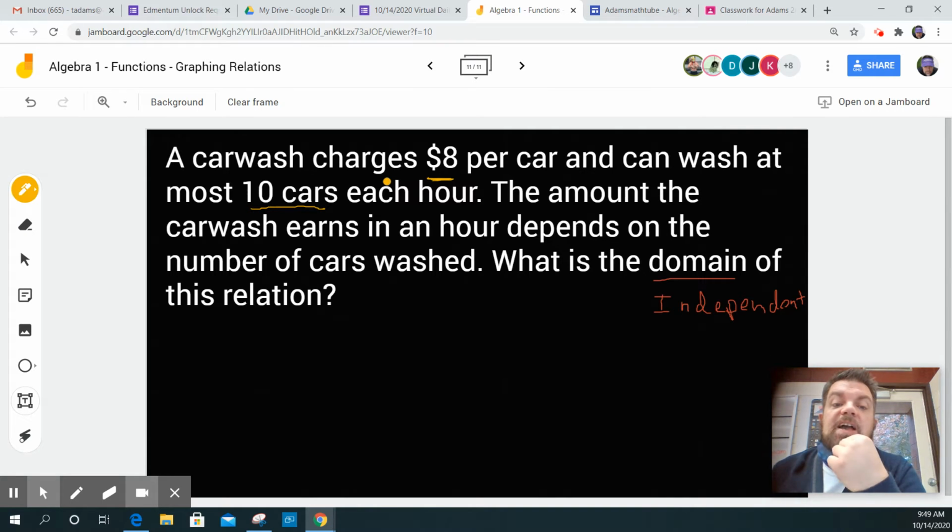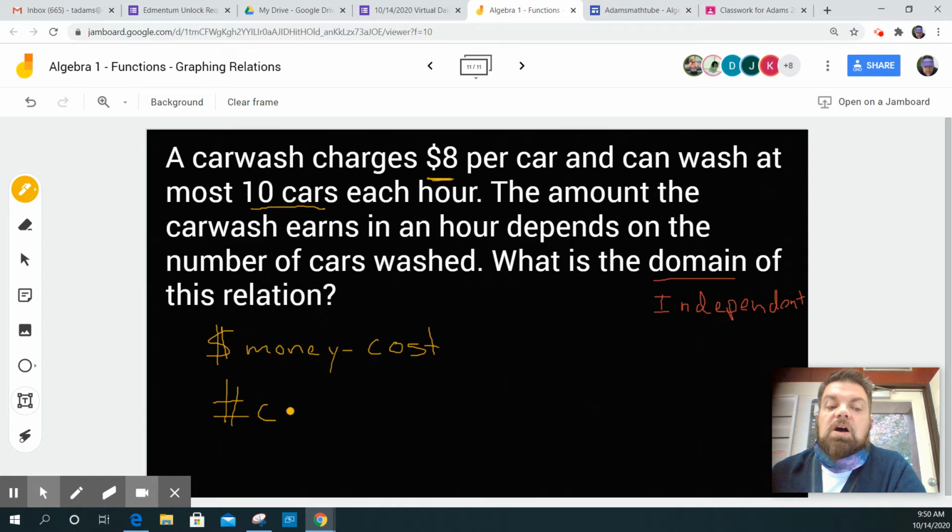So I have to decide which is the independent variable and which one is the dependent. So I'm really comparing two parameters. One is the cost, the money, how much it's going to cost, and the other one is the number of cars.